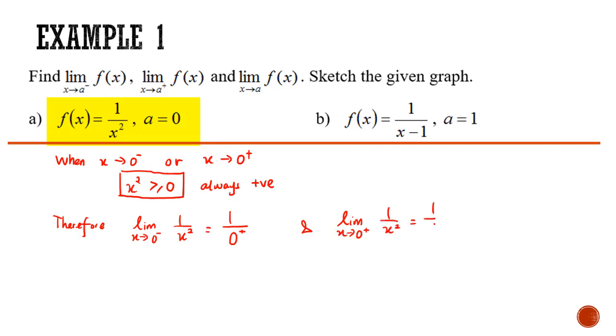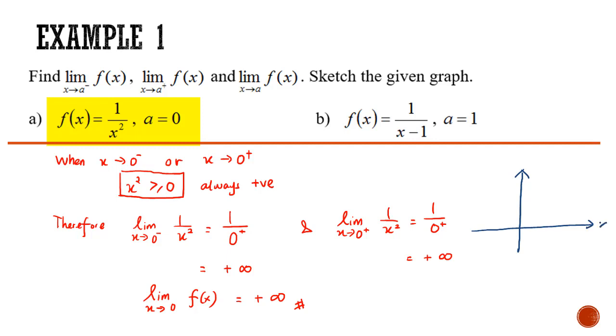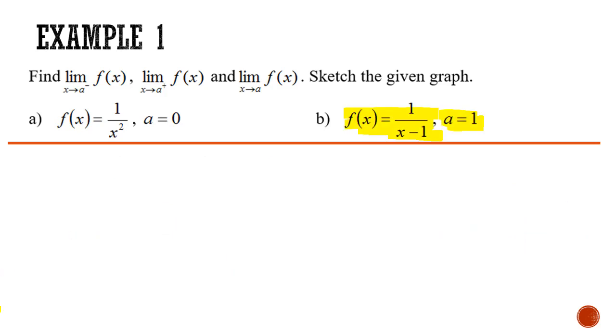So the overall ratio 1 over 0 plus gives positive infinity for both. We can conclude that the limit exists but is undefined, with positive infinity. So the graph will look like this: when getting closer to 0 from the left, going up, and from the right also going up.